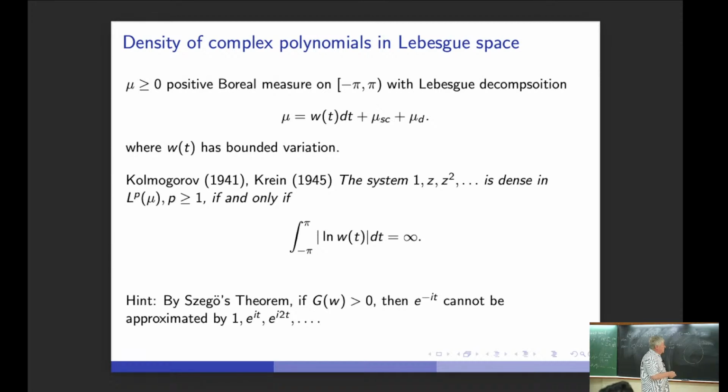And the system is dense in L2, in fact in all Lp, if and only if this Szego condition is violated. That means the logarithm of the weight is not integrable.